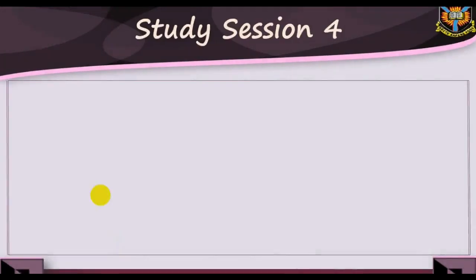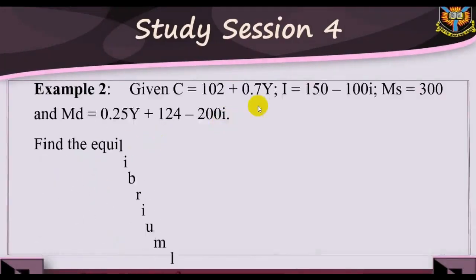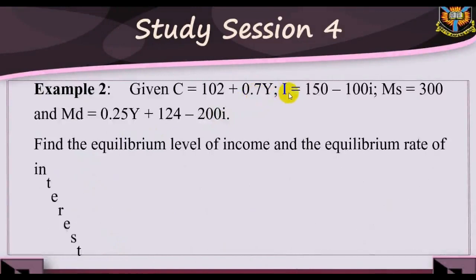Example 2. Given C equals 102 plus 0.7Y, I equals 150 minus 100i, MS equals 300, and MD equals 0.25Y plus 124 minus 200i. Find A. The equilibrium level of income and equilibrium rate of interest.